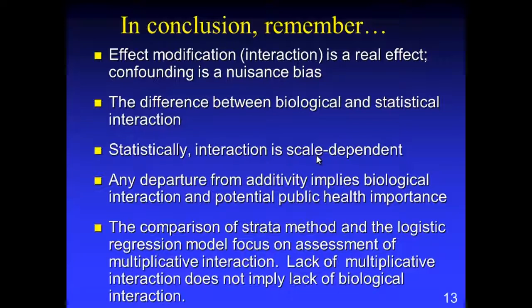We combine strata because we're looking to detect causal factors or preventive factors for various health outcomes. But if we want to take it past that level and we want to assess the degree of public health impact of a particular exposure, then we really need to move into looking at the data from an additive perspective.